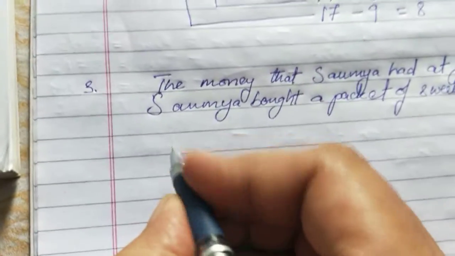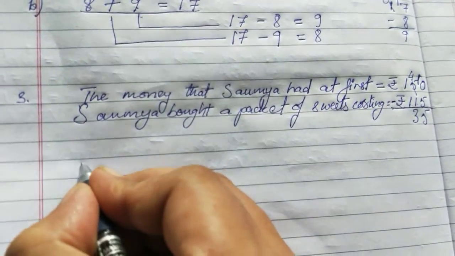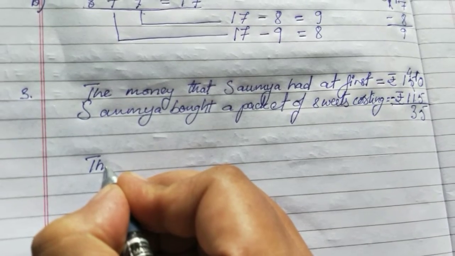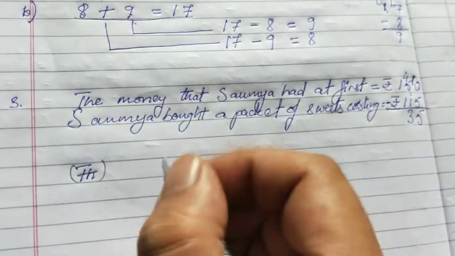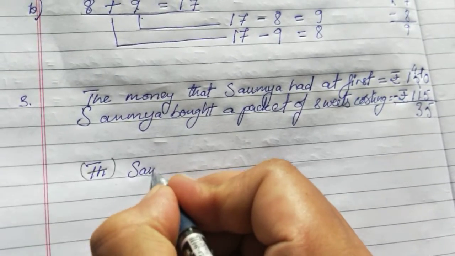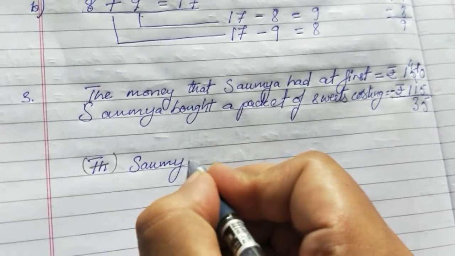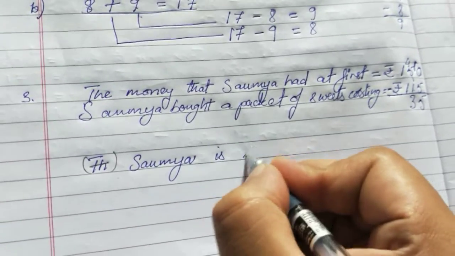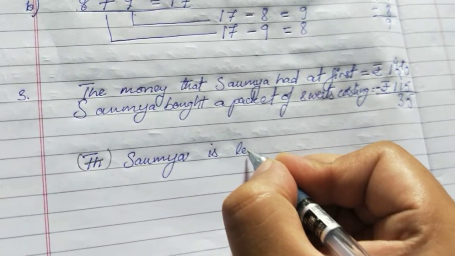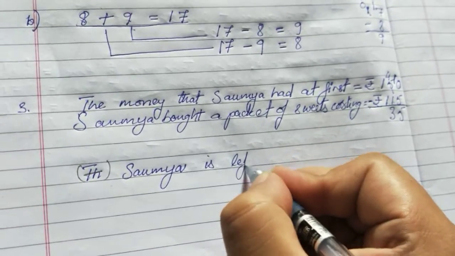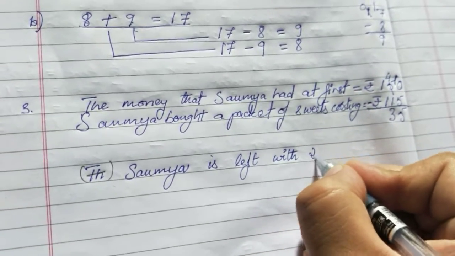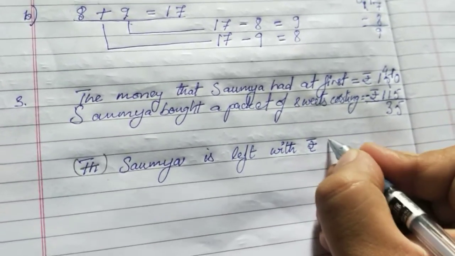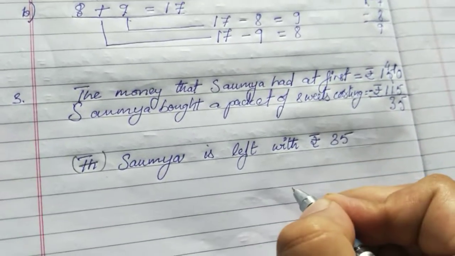So the answer will be: Somya is left with rupees how much? 35.